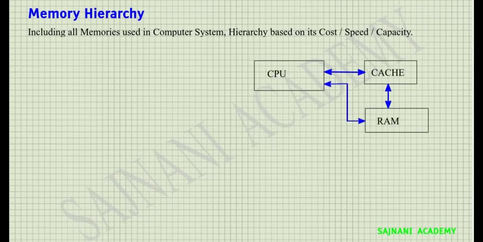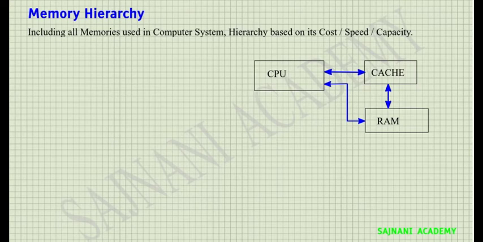Now we can see here in the diagram how CPU is sharing information with the RAM. CPU shares information only with the RAM. That means in the computer only RAM can talk to the CPU. No other memory is allowed to talk directly to the CPU.